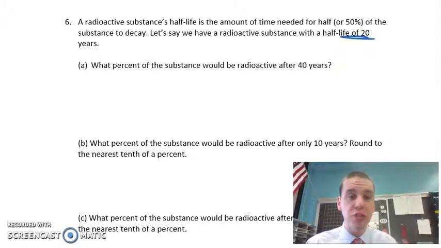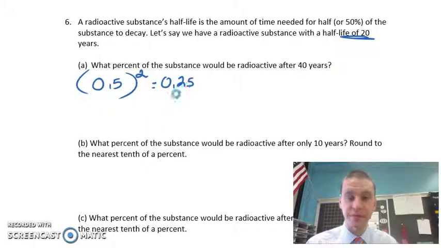One, how most people see it is, well, if it takes 20 years to halve, then 40 years is just 2 times the amount. If it's 40 years, we're just going to raise that to the second because it's half twice. And we're going to get 0.25. So what percent of the substance is left? 25% is left after 40 years.